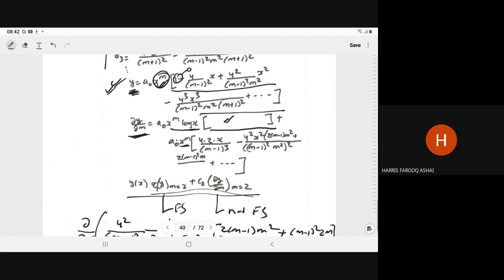Similarly, for 1 upon m minus 1 whole square m square, it will be 2 m minus 1 m square plus m minus 1 whole square 2m upon m minus 1 whole square m square whole square, with the minus sign. In this way we do it, and after that we put m equal to 2, so you will get the second linearly independent solution.